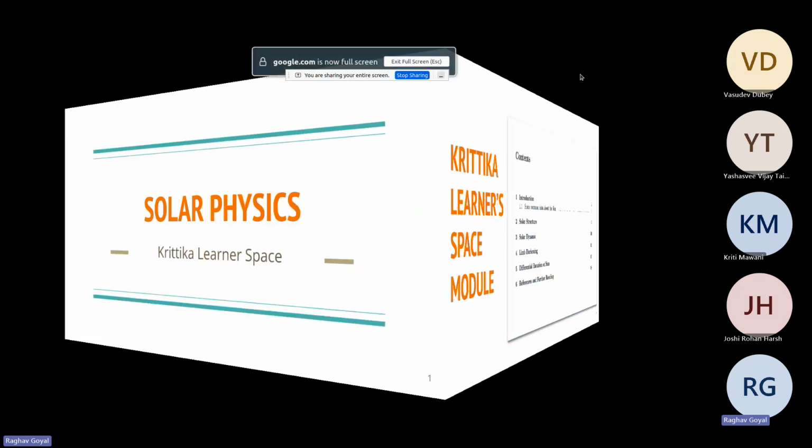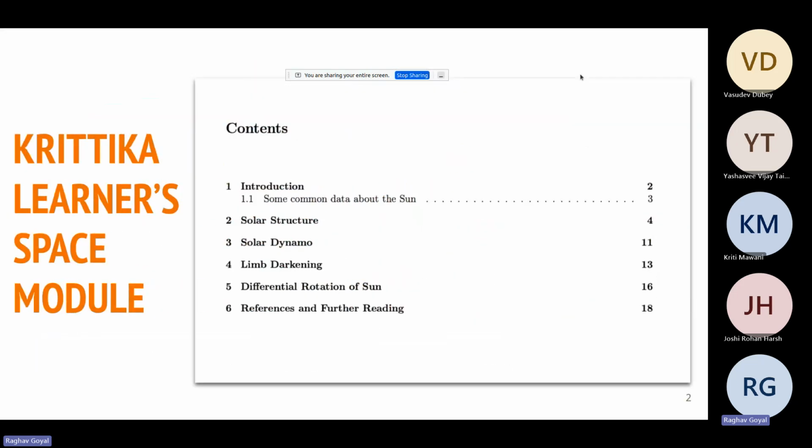So the contents that you are going to find in the module, which I shall be trying to give a brief introduction of, and to pique some interest, are the following. You will be studying the solar structure. We'll be learning about what the solar dynamo is, what a very important effect of astronomy called the limb darkening effect is, and a very important phenomenon present in the sun, the differential rotation of the sun.